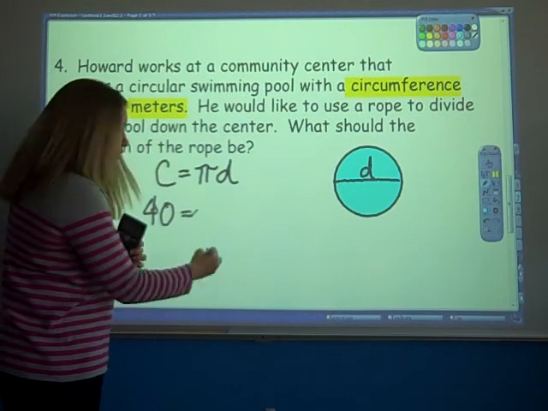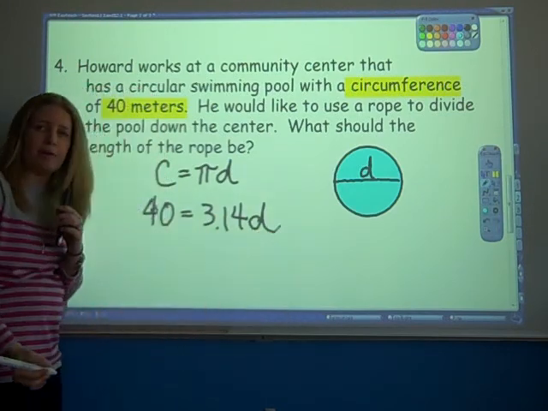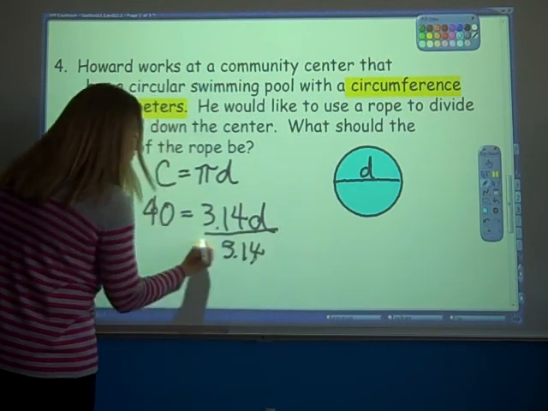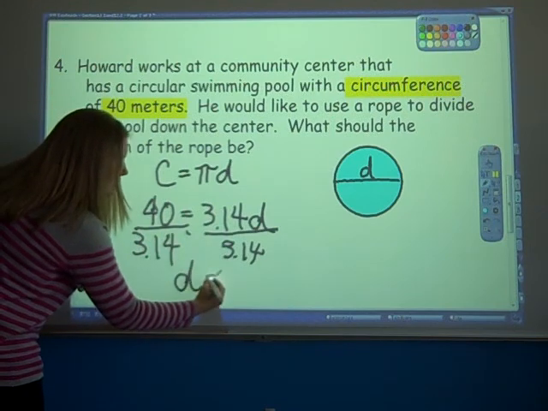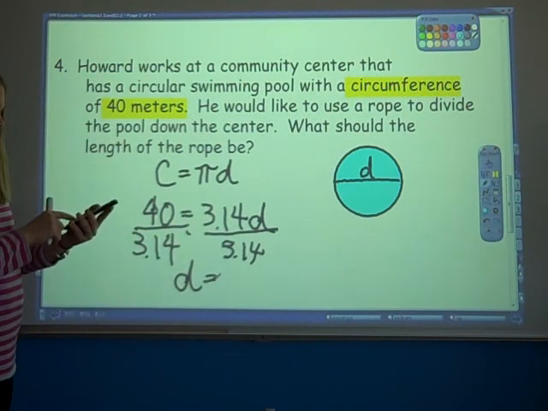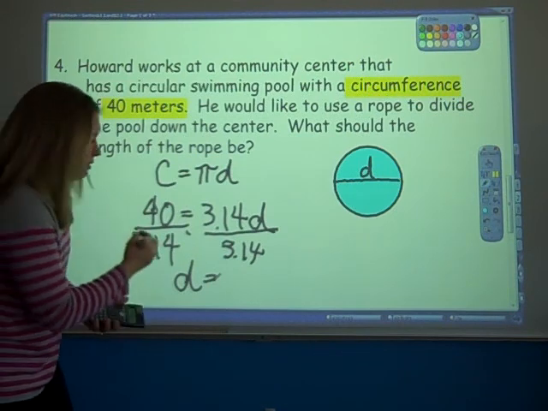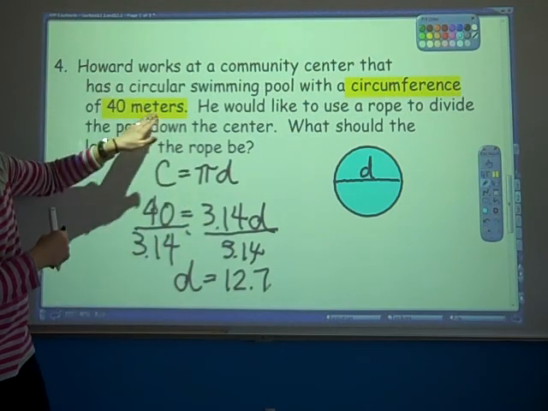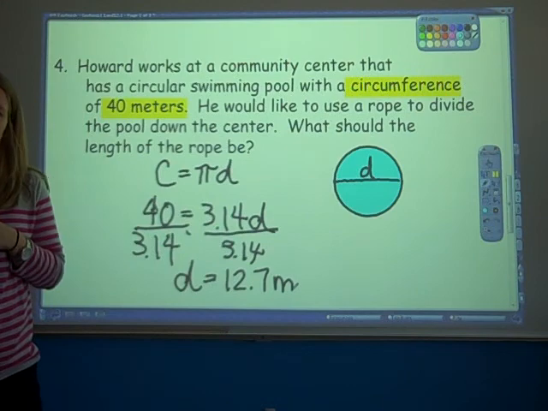Pi is just the number 3.14. And we're searching for the diameter. To solve this, divide both sides by 3.14. And we'll get that the diameter, 40 divided by 3.14, will be 12.7. I'm going to round to the nearest tenth. And our units, we're talking about meters, would be 12.7 meters. And that would be the length of the rope that we would need.